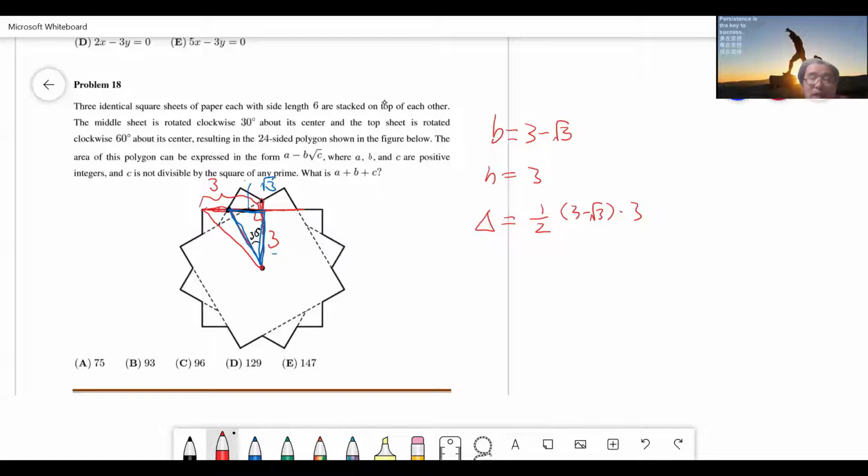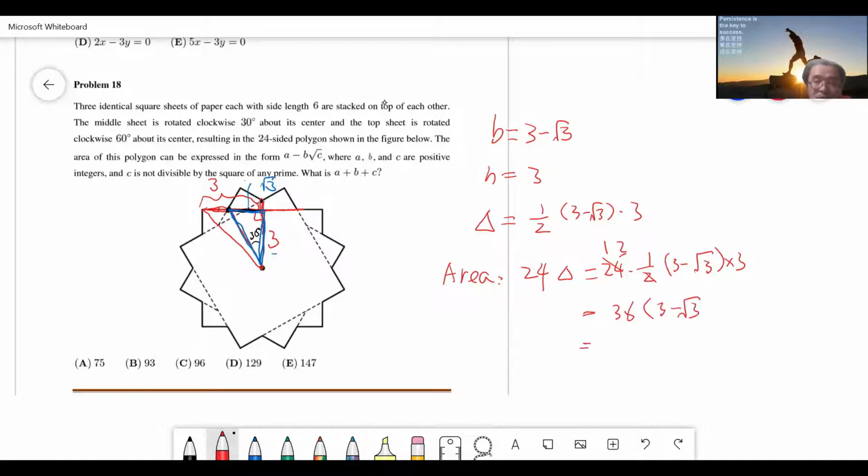And the total area of this 24-sided polygon is just 24 times the area of this triangle. So which equals 24 times 1/2 times 3 minus square root 3 times 3. We can do canceling. So this is going to be 12, which equals 36 times 3 minus square root 3.